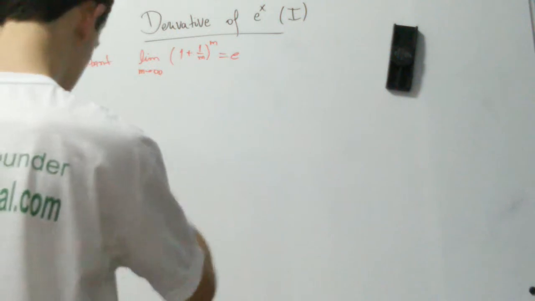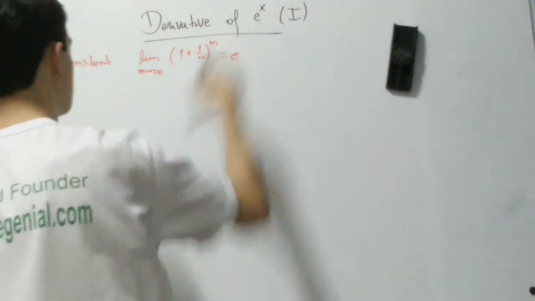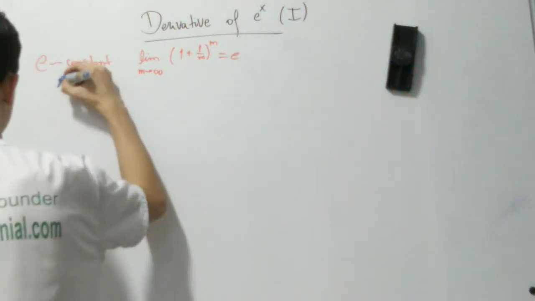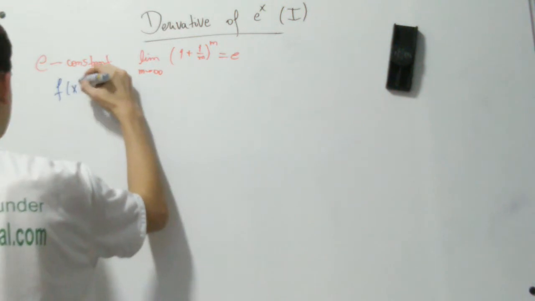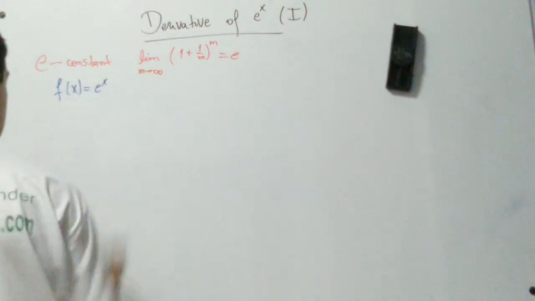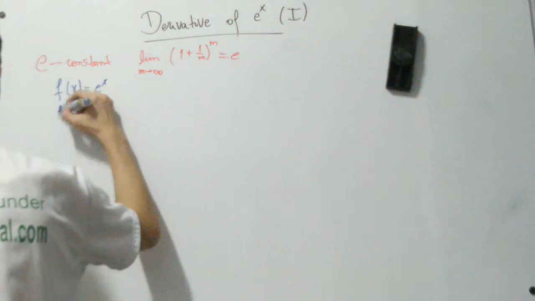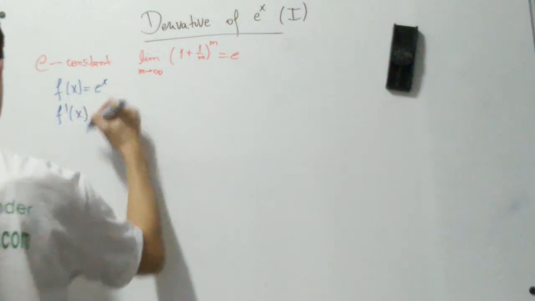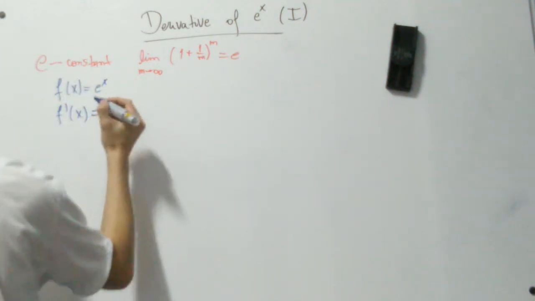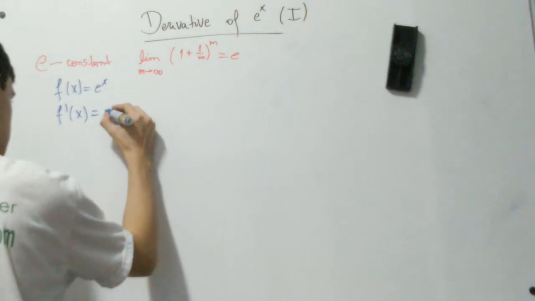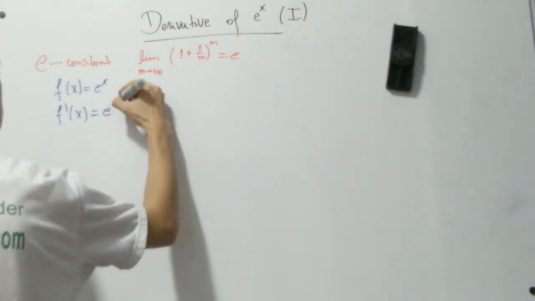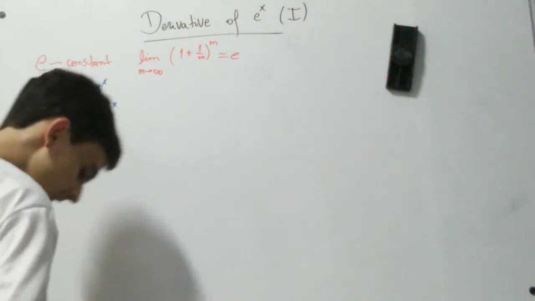And we want to take the derivative of this function. So let's say you have f of x equal to e to the x, and we want f prime of x, the derivative of this function. And we know that the derivative of this function is e to the x.